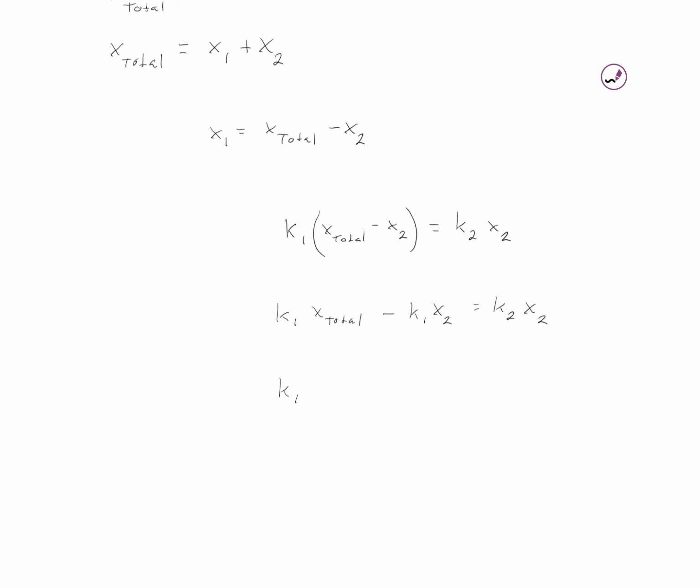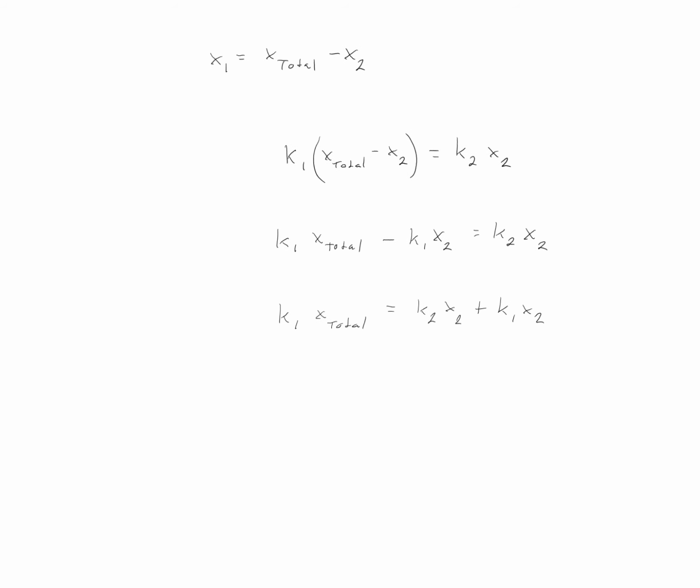So we'll have k1 x total equals k2 x2 plus k1 x2. And then now I can write k1 in terms of k2. So k1 is equal to k2 x2 plus k1 x2, all over x total. Notice x2 is distributed across the k1 plus k2.